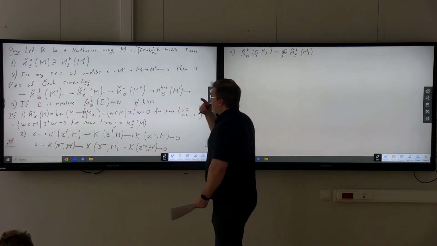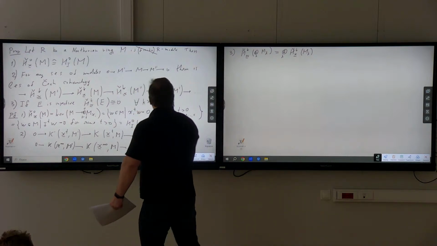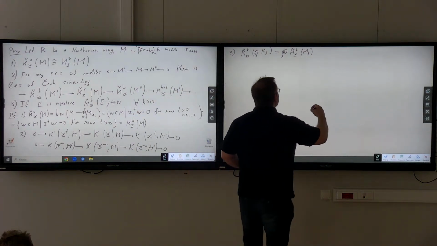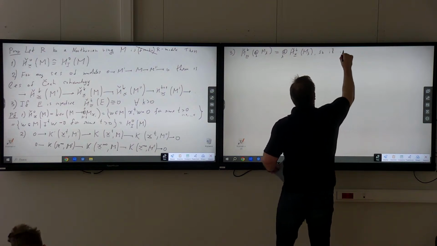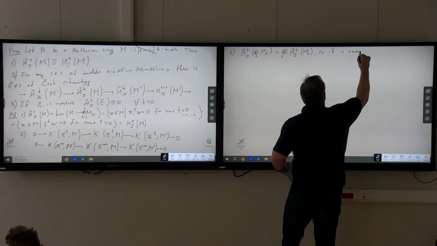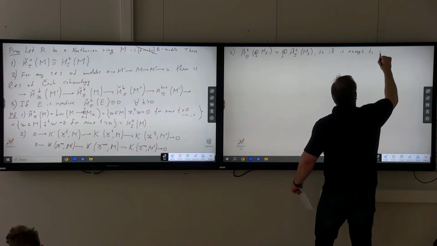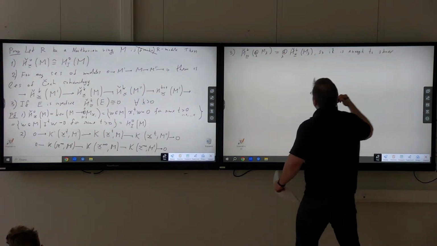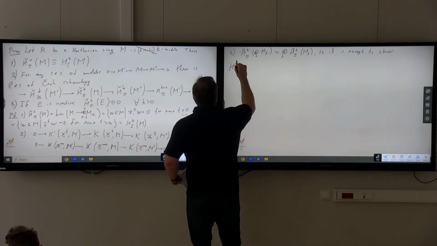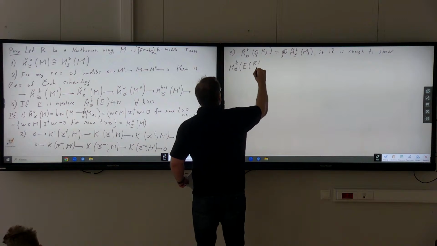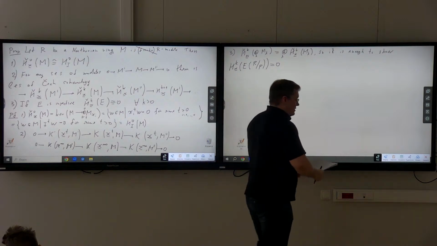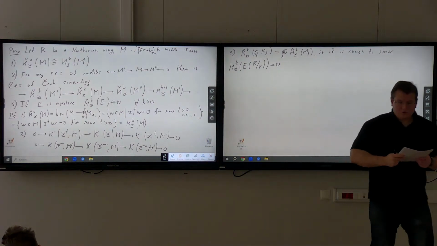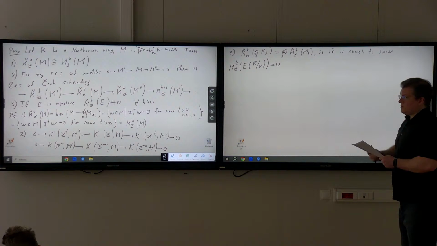And since the ring is Noetherian, we know the structure theorem, we can say that it is enough to show that we have this vanishing H^k_X for the injective hull of R modulo P. Right, because any other injective module is just a direct sum of such injective modules.